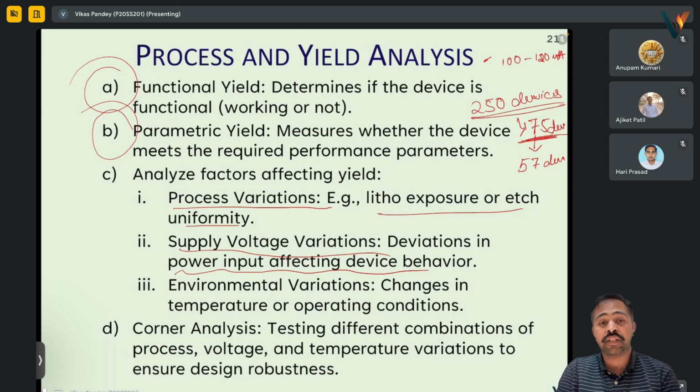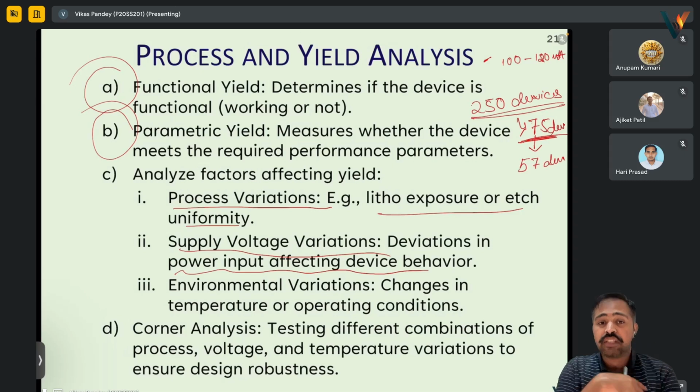Second is environmental variation. If we are testing it, or say we are checking the yield and there is variation, like we started early in the morning, and the place where we are testing is not in a clean room, because electrical characterization might be done outside, and there in the morning it was cold, by the noon it became too hot, and in the evening it rained and the humidity increased.